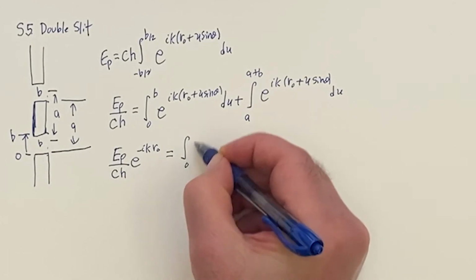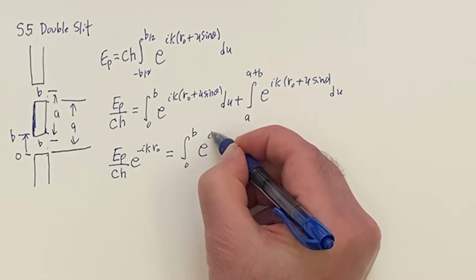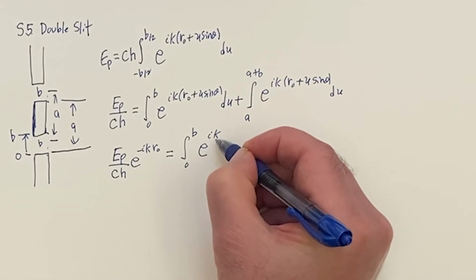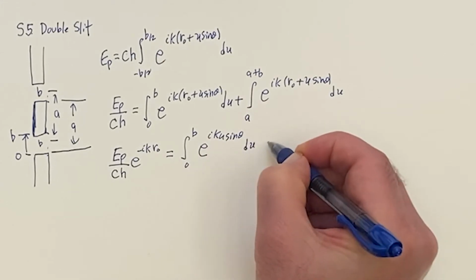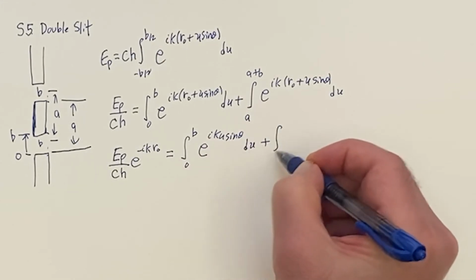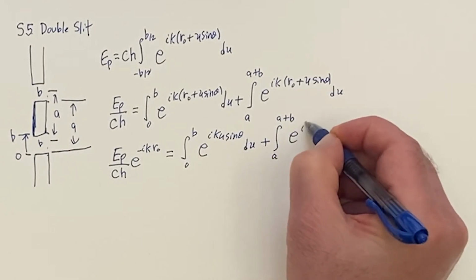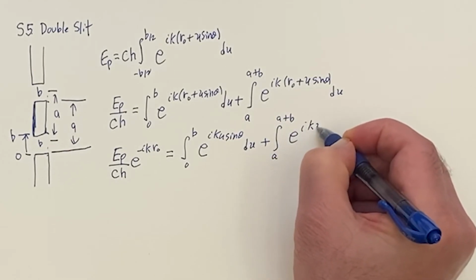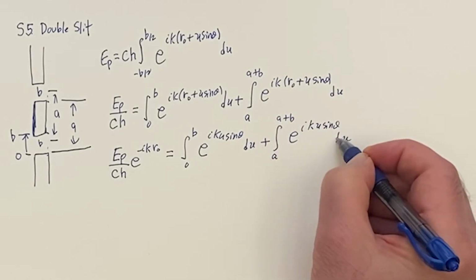So then I have the integral from 0 to b, e to the i k u sine theta du, plus the integral from a to a plus b, e to the i k u sine theta du. Now these integrals are easy to do.